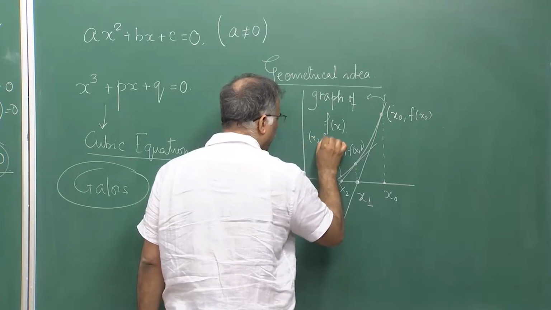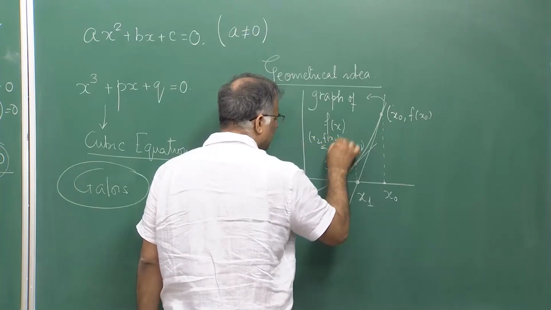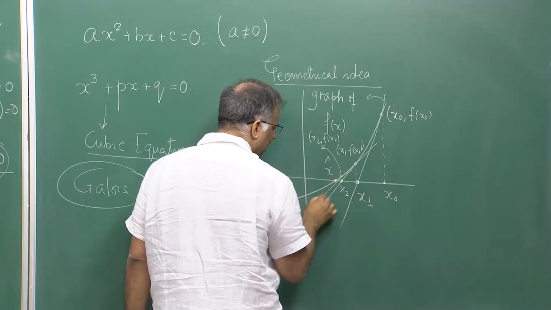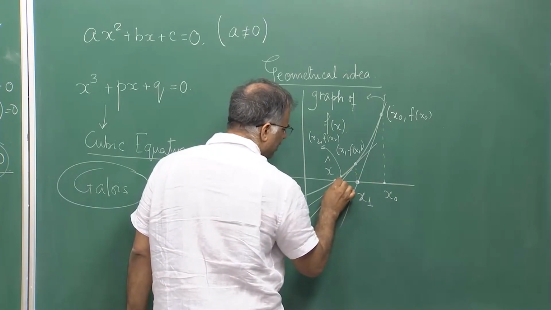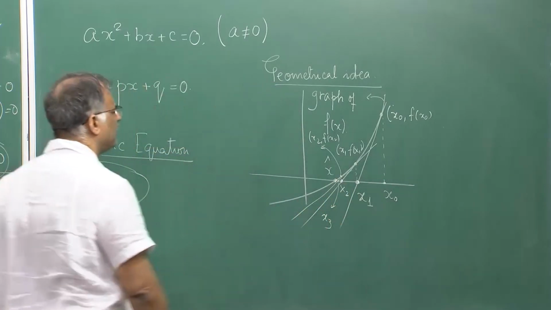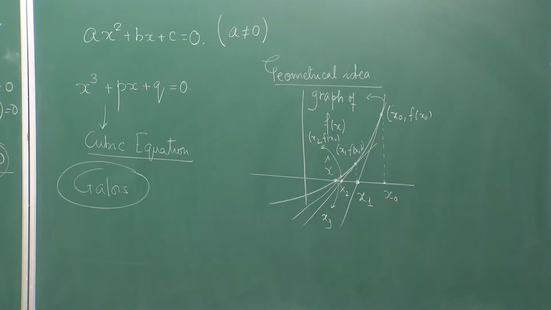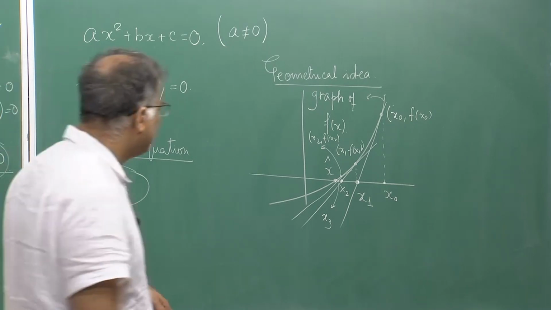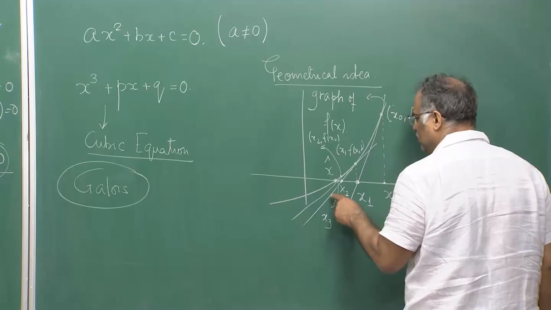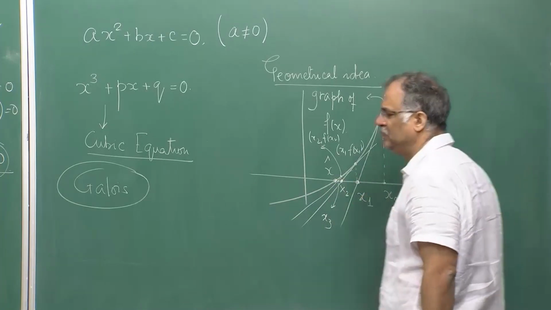I do not want to draw it, it will look very clumsy, but if you draw a tangent line you are very near the solution, at the point x3. So what we have generated is a sequence of points which are moving towards x hat.